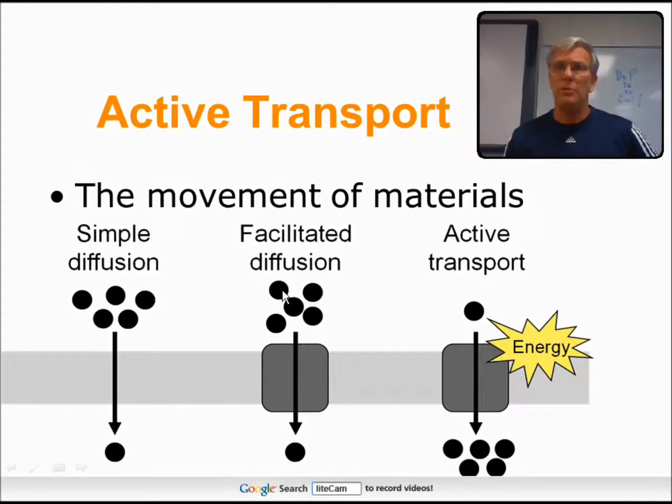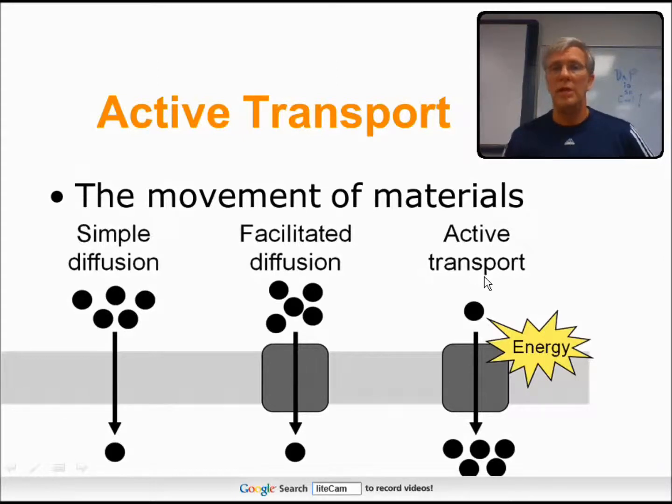Then if the molecules are a little bit too big, there are either pores or carrier molecules that happen to be proteins built into the membrane. These molecules, however, are still moving downhill. They're just being assisted by these proteins that are in the cell membrane, and this is called facilitated diffusion.